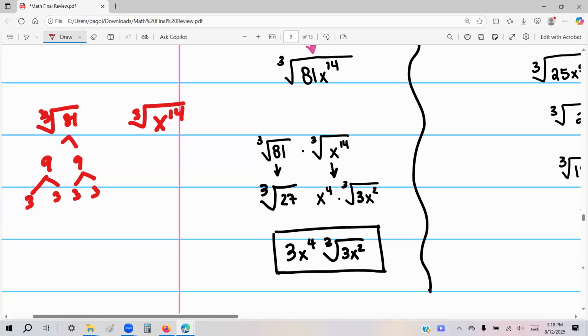I don't have to do the whole 81, don't multiply 81. So you have 3, 3 times, and a single 3. If you take the cube root, the 3s cancel out. You get 3 alone, and then the cube root of 3.